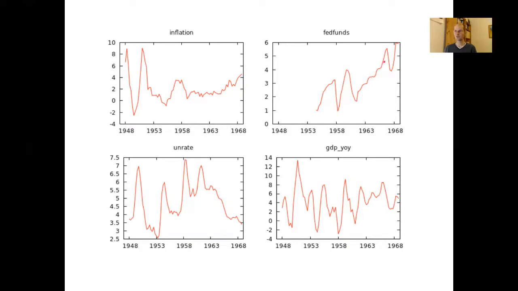But the federal funds rate was gradually increasing, so it pointed somehow towards the limits that monetary policy perhaps had moved to, and was no longer able to eliminate the inflationary pressures in the economy. And also the unemployment rate was very low. Both were consequences of the military expenditures associated with the Vietnam War.